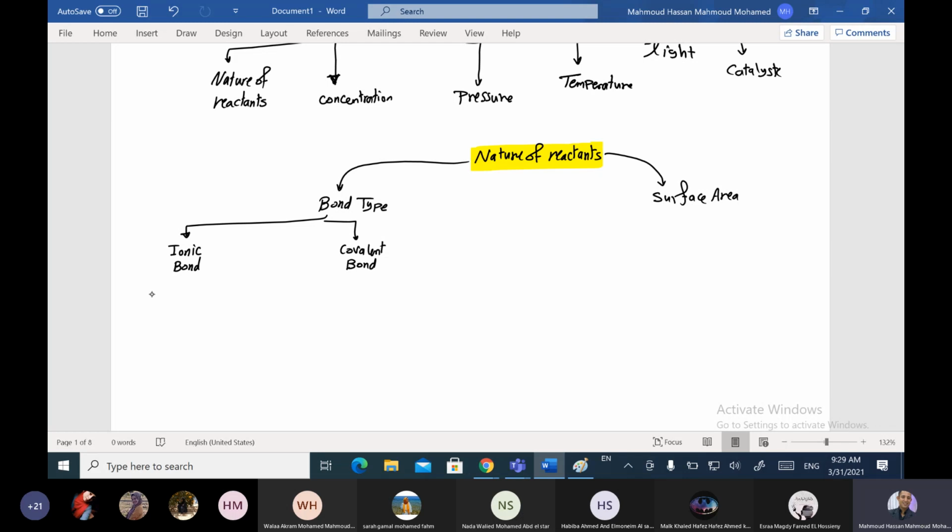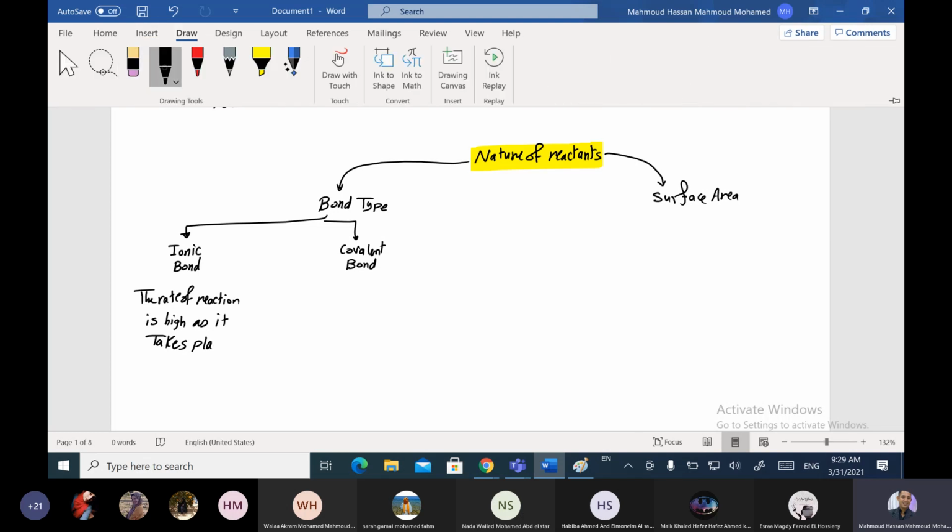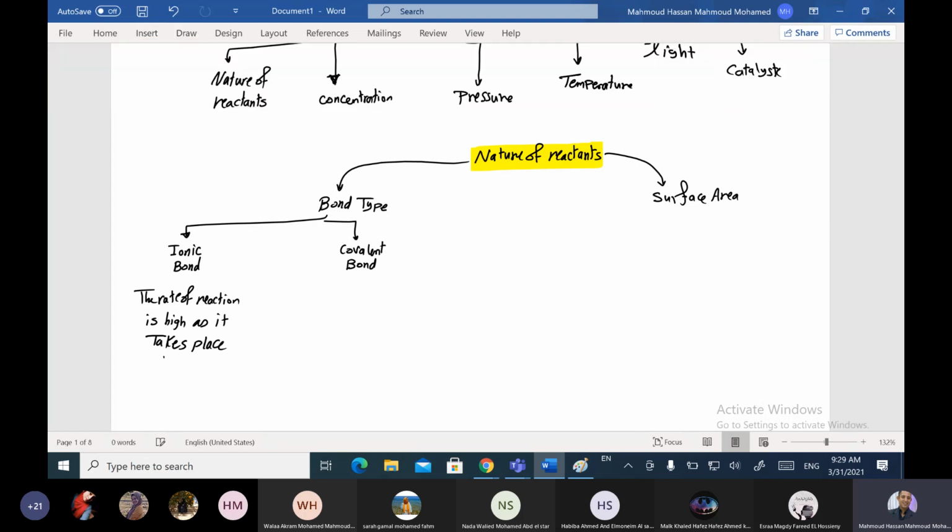In the case of the ionic bond, the rate of the reaction is high as it takes place between ions.